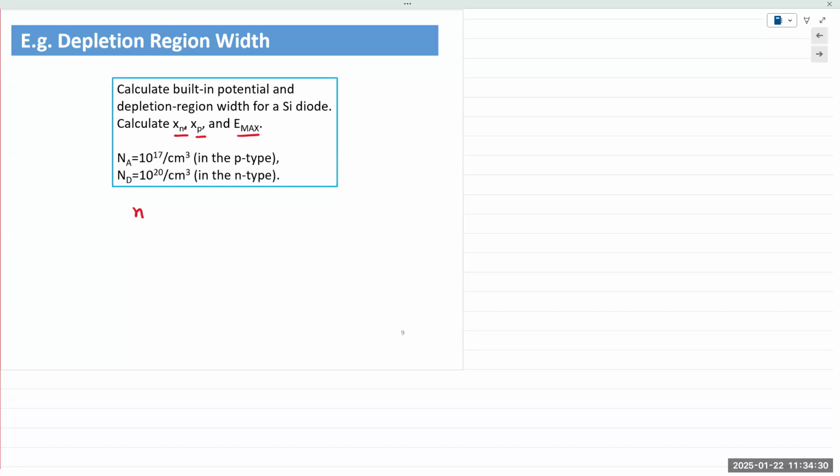Ni, the intrinsic carrier concentration for silicon, may be stated, or it may not be stated. If it's stated, you simply take that value. If it's not, you assume, because this is pretty much well known. For silicon, if no other information is given, you can always make assumptions. In this case, we don't have the temperature, we don't have Ni, so we simply assume room temperature, 300 Kelvin, and we assume Ni.